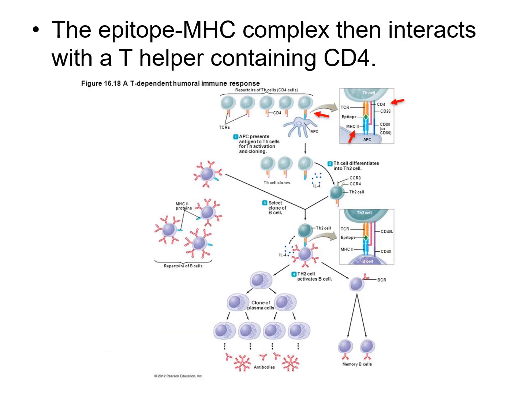The epitope slash MHC complex then interacts with a T helper cell. So the APC has a catcher's mitt with its prize. It's baseball. That baseball is the epitope. T helper cell has a glove as well.